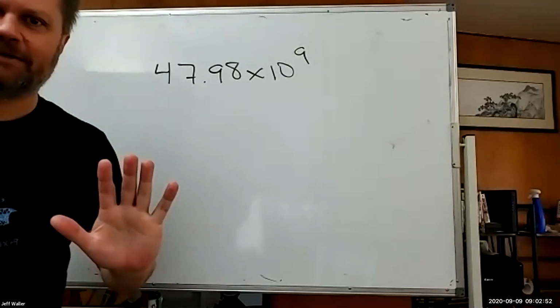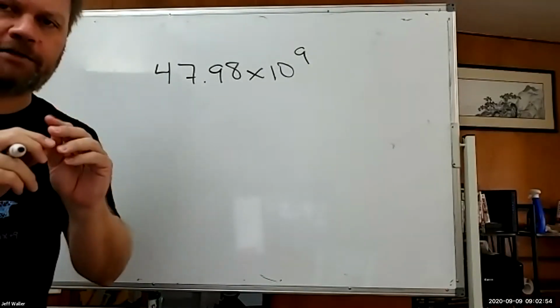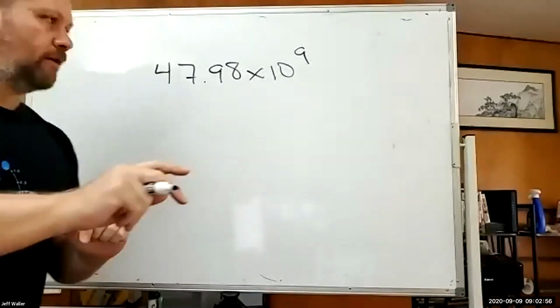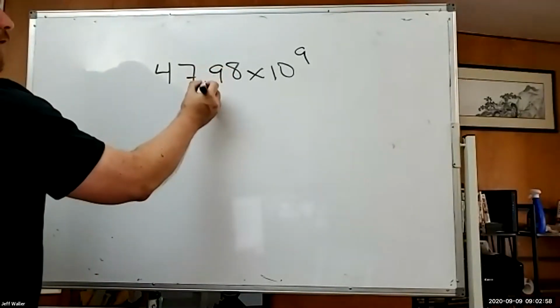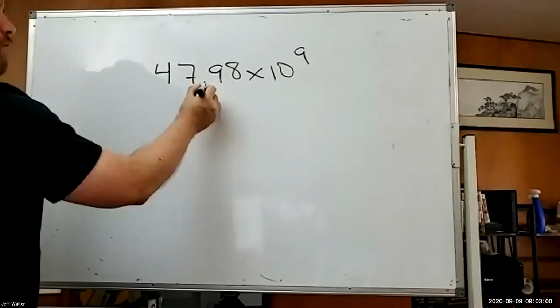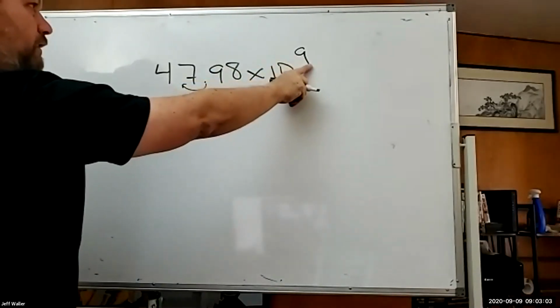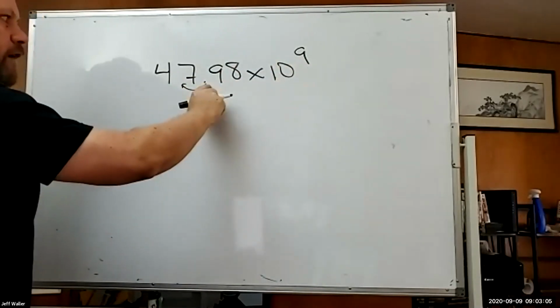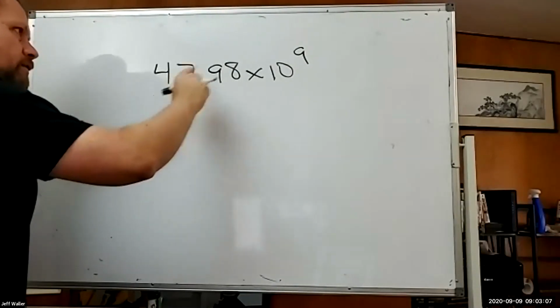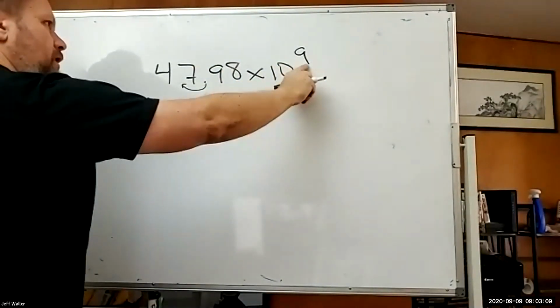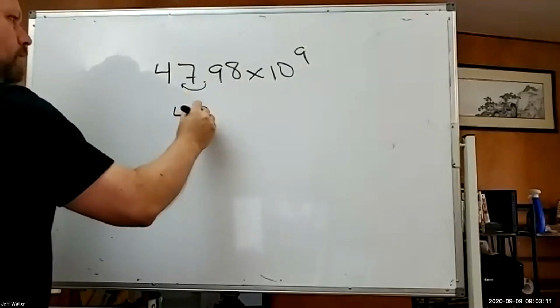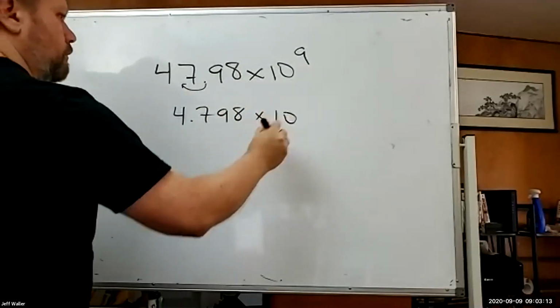Another exponent. So there's 2 ways to do this. One way is to go, okay, I have to move this over once. He wants to move it 9 places that way. So if I move the decimal back once, now what does that have to become? A 10.